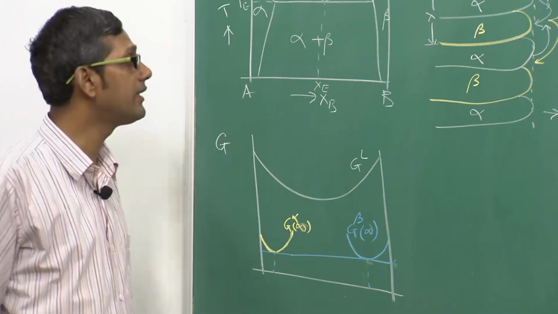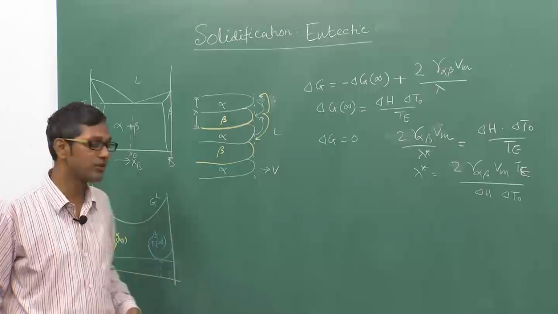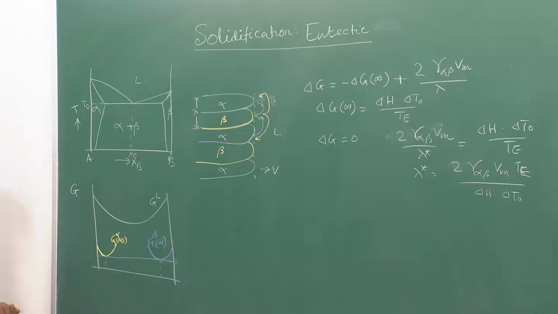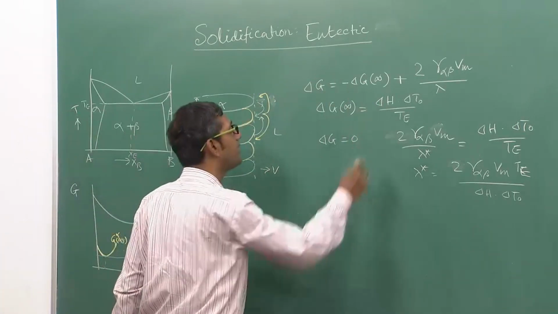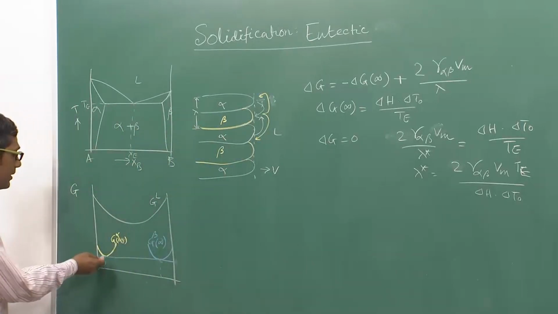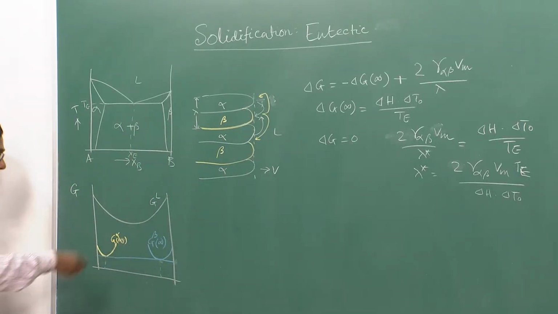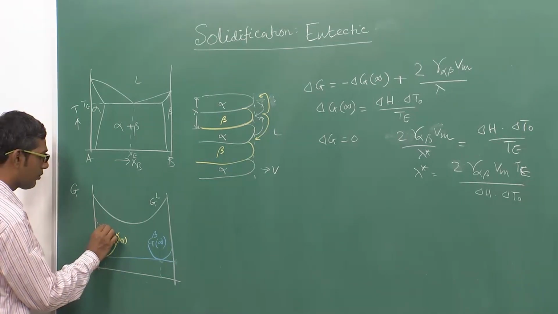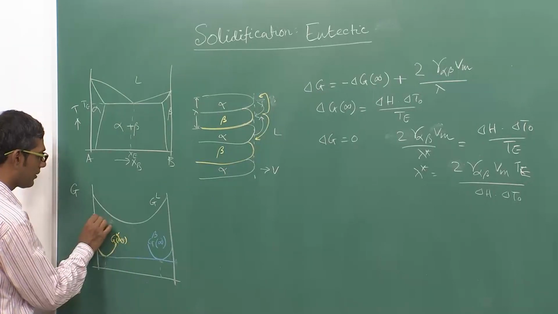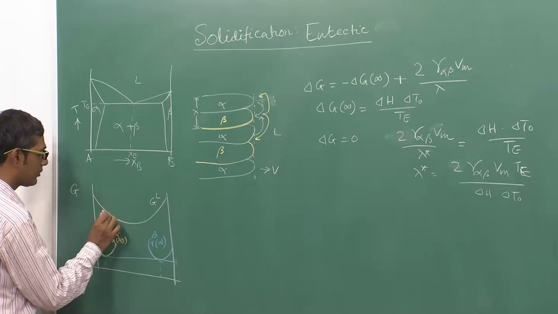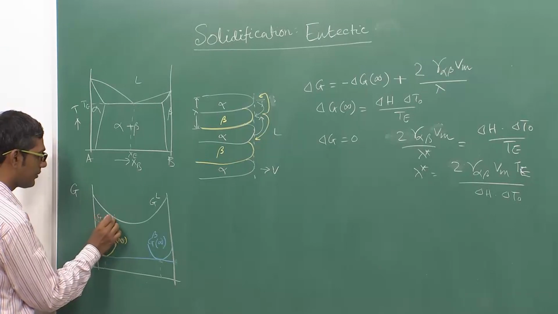But as we know, in the real system lambda has a finite value, it cannot be infinity. So because lambda will increase the free energy by this amount, that corresponds to the shifting of these free energy curves up. Let us do that. I will do it using a color chalk. So this is dotted, as you see here.